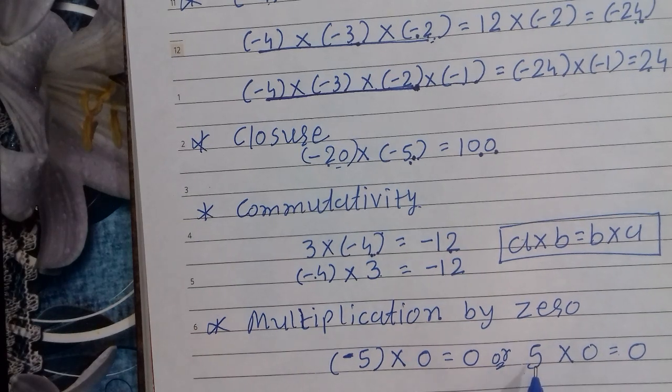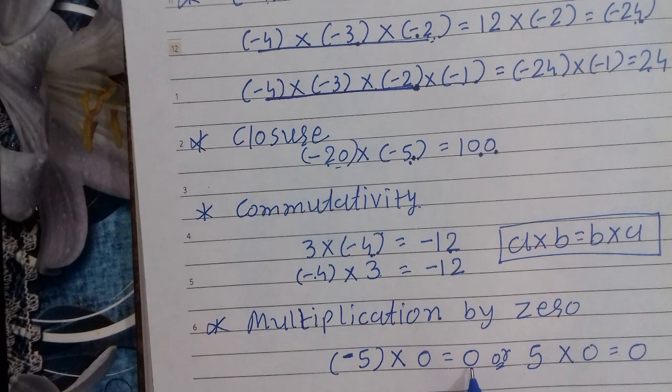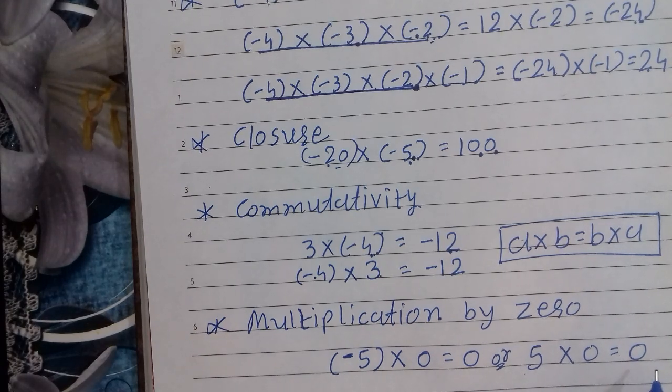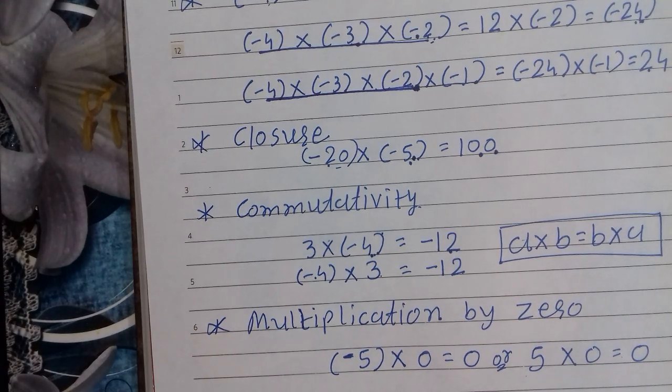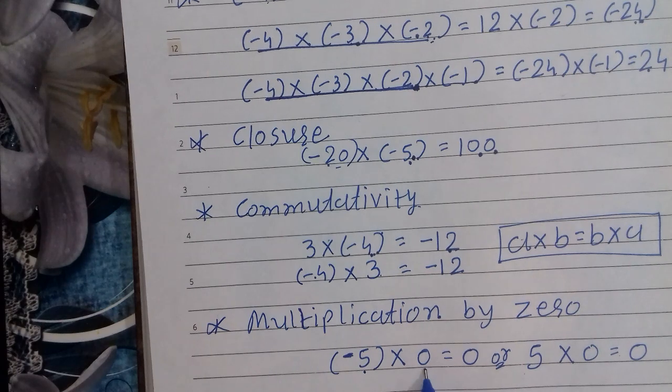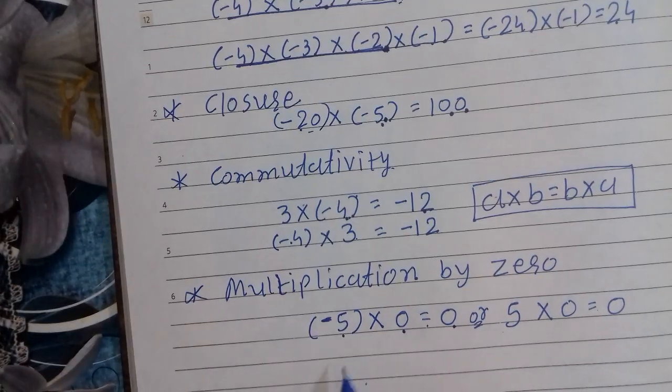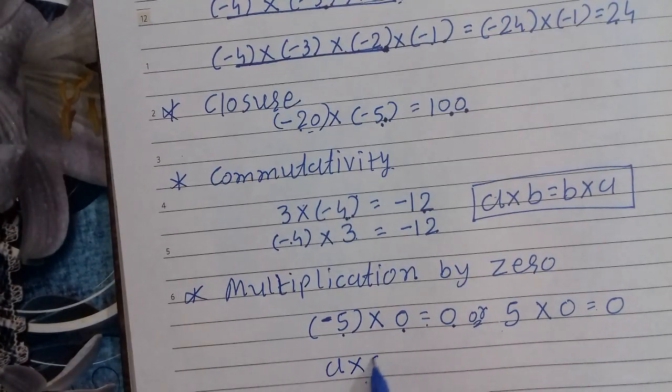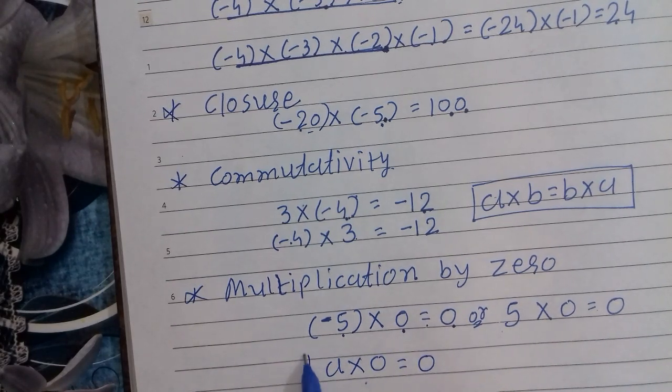This shows that the product of an integer and 0 is always 0. Once again, the product of an integer and 0 is always 0. In general, for any integer a, a multiplied by 0 is equal to 0.